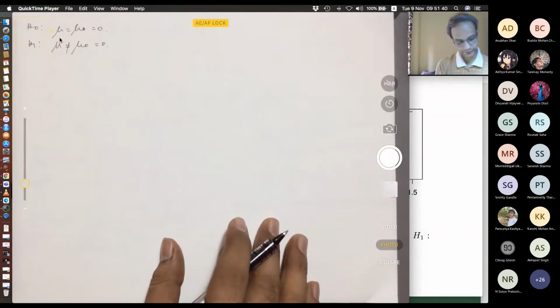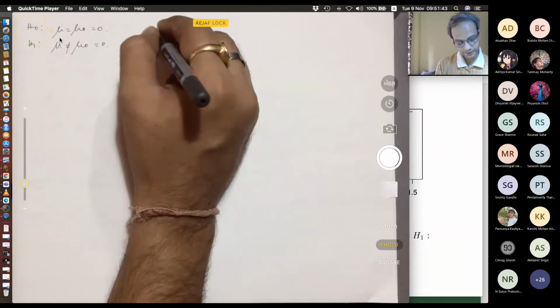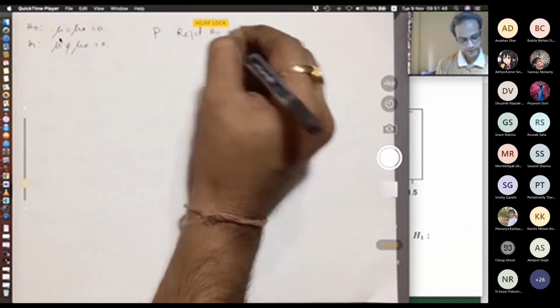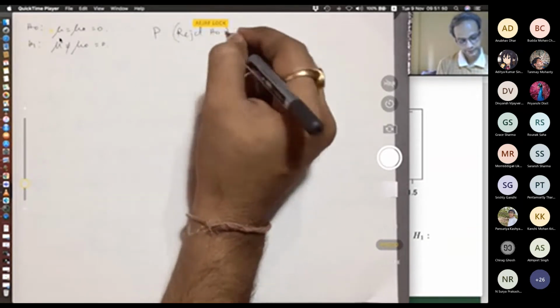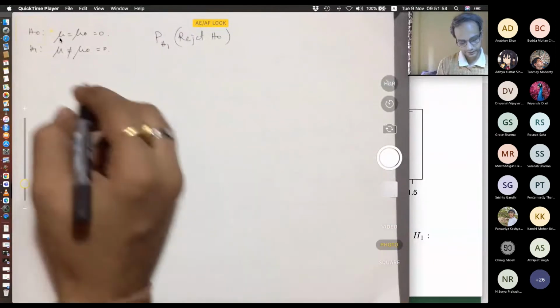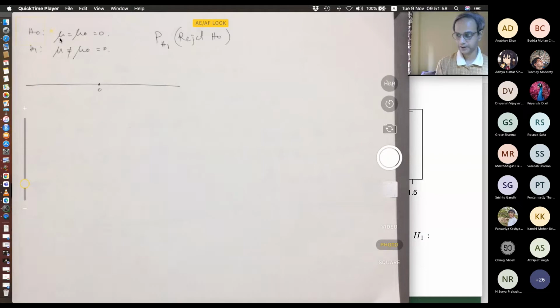Now what your power is: probability to reject H0 under H1. Okay, so H0 is specifying only 0. Rest of the things are under H1.